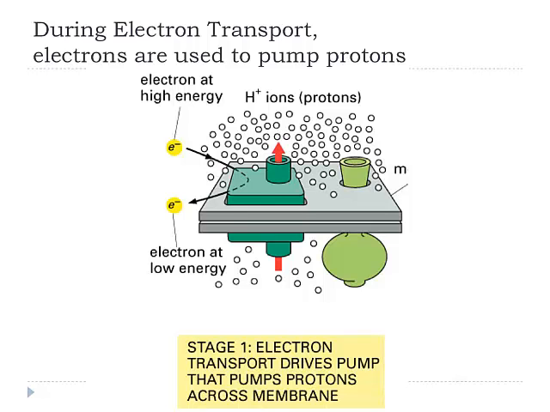Anything with charge doesn't. So by pumping the protons out into this intermembrane space, they're not going to be able to freely cross back. So you create that imbalance.